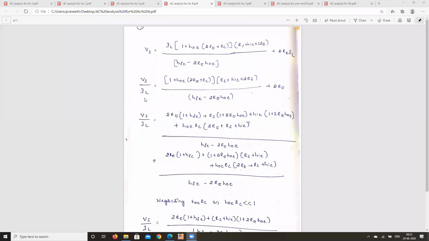After bringing IL to this side, now expand these terms.